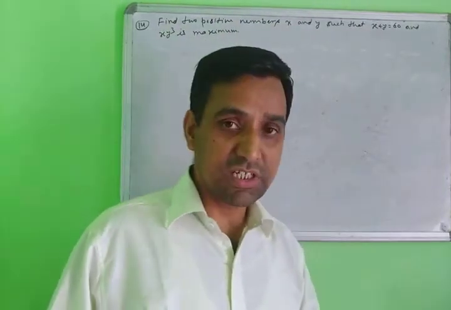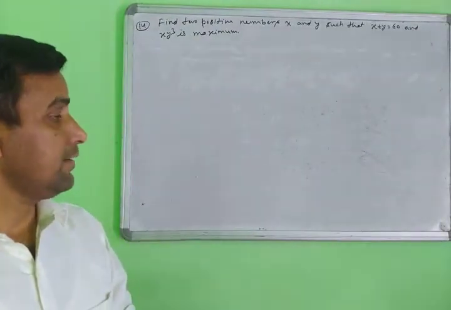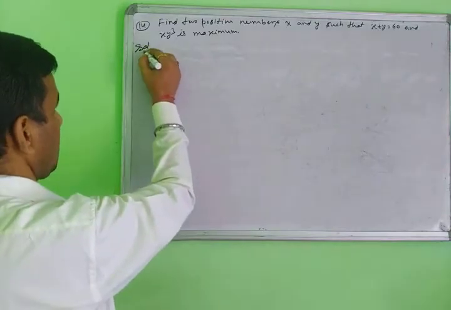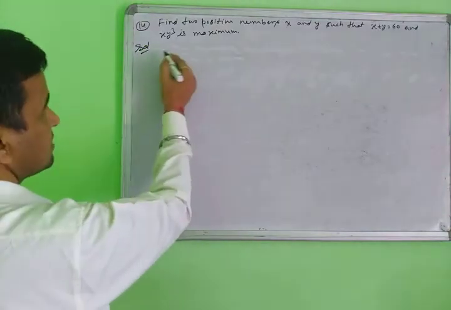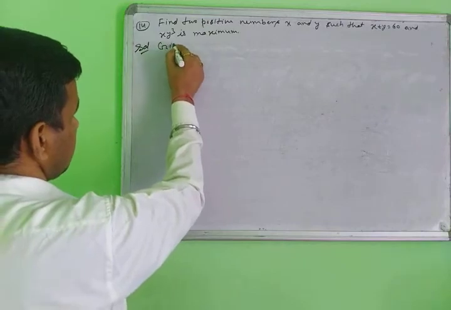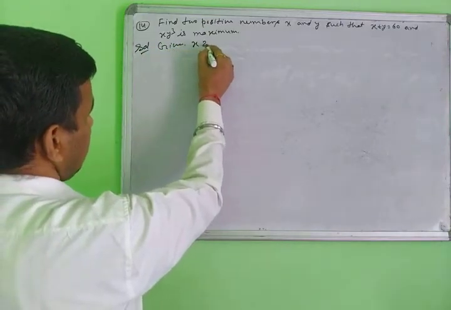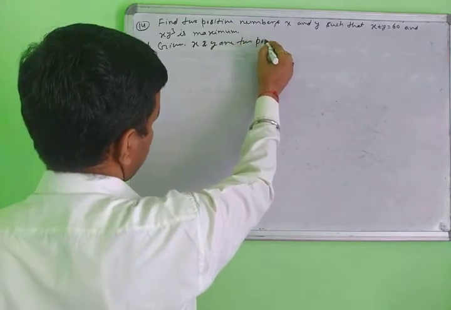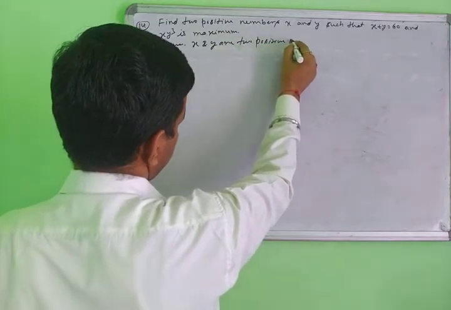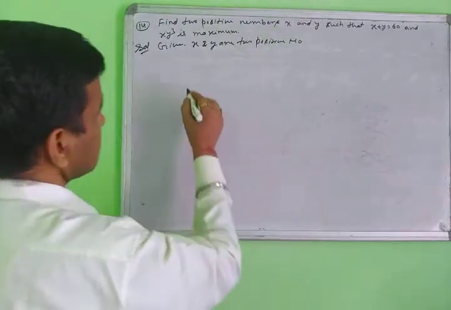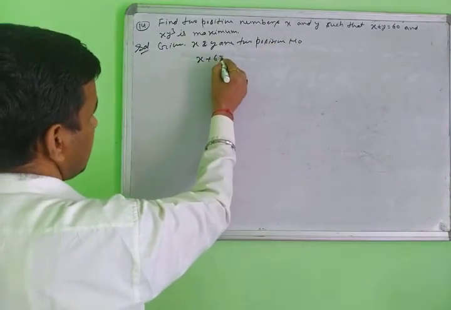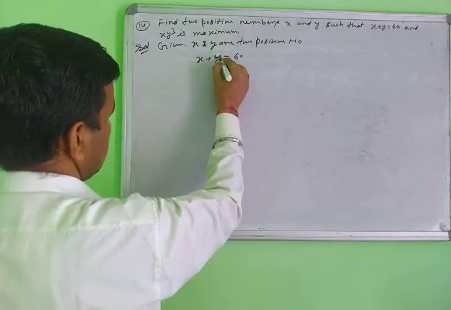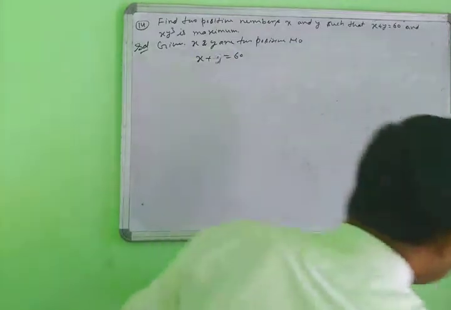So this question is a different type of question on maxima and minima. Now look here. First, what is given? x and y are two positive numbers. Second, x plus y equals 60.